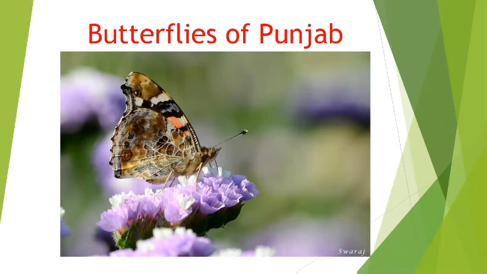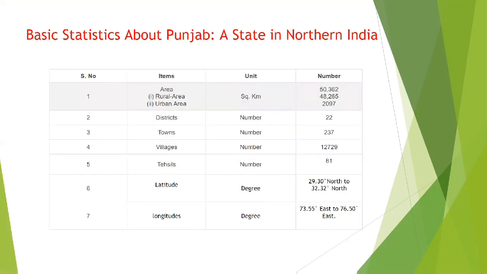The first slide obviously is the introductory one. Now we straight away move on to the next slide, please. The statistics about Punjab. Punjab is not a very big state. Its total area is 50,362 square kilometers.